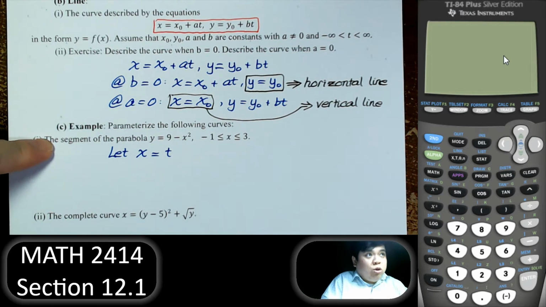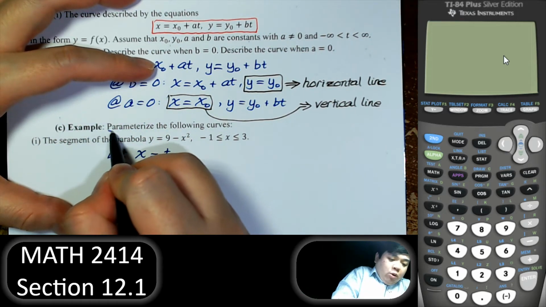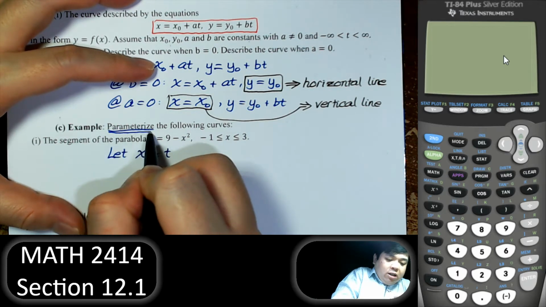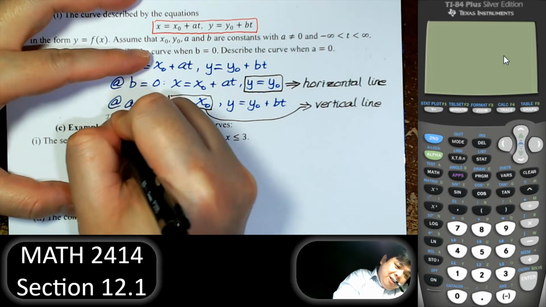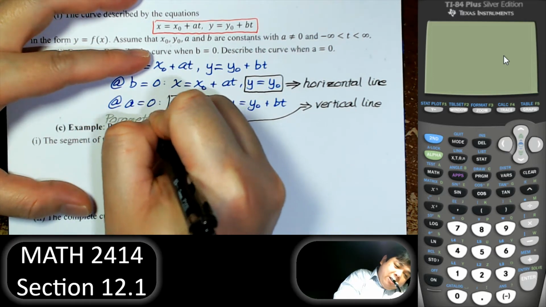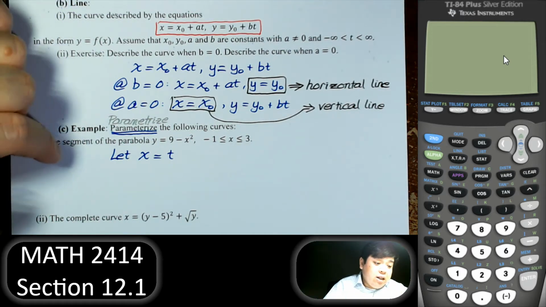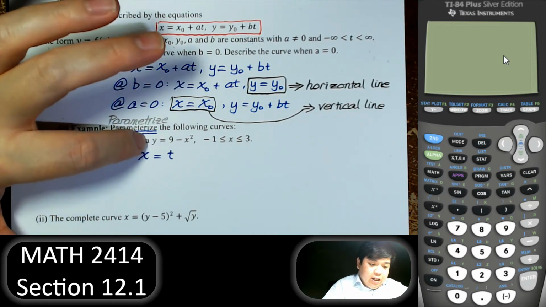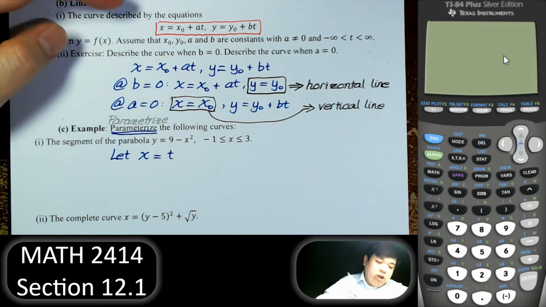So we're going to try to write this as the parametric equation, and that's what we call parameterize. It might be spelled parameterise. Both of them mean the same thing. So we write this equation in terms of a function of t, or parametric equation.